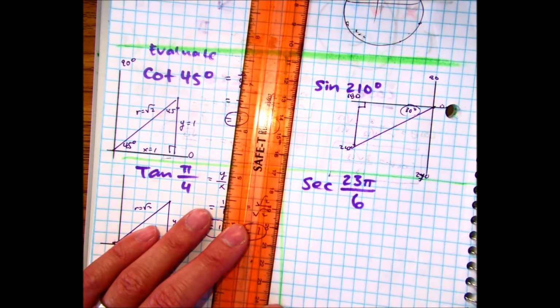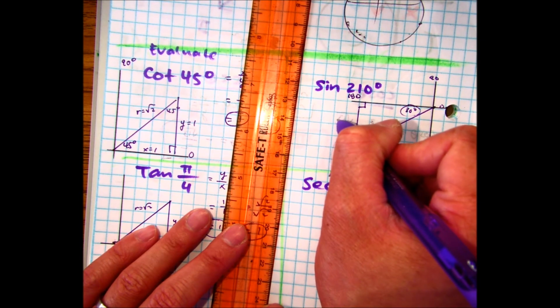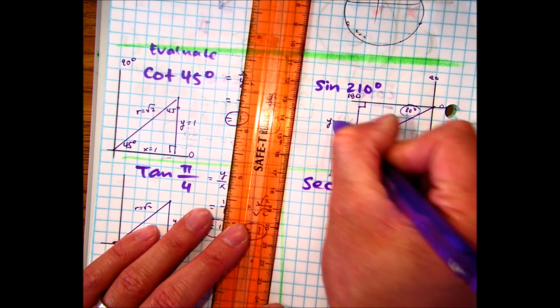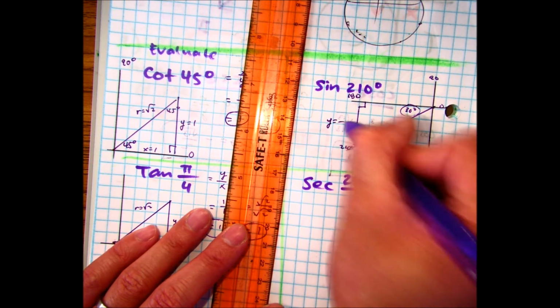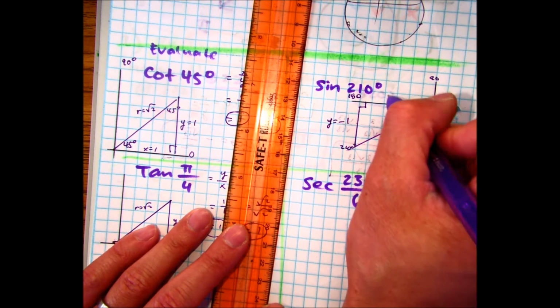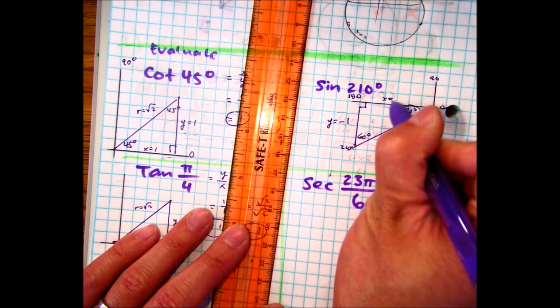Across the 30, class, is the... what length is it? Y is equal to a positive or negative? Negative 1. Always across the 30 in a 30-60-90 is 1. Across the 60 is what? Radical 3.